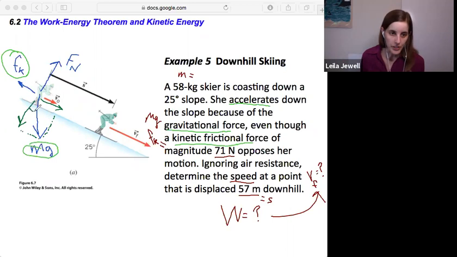And you could show that this angle up here would be 25 degrees. Because if it was flat, then this green arrow would be pointing in the same direction as the blue arrow, but instead we're tilted or offset by 25 degrees. And so to get the component that is along the axis, we're going to need mg times sine of theta, or sine of 25.